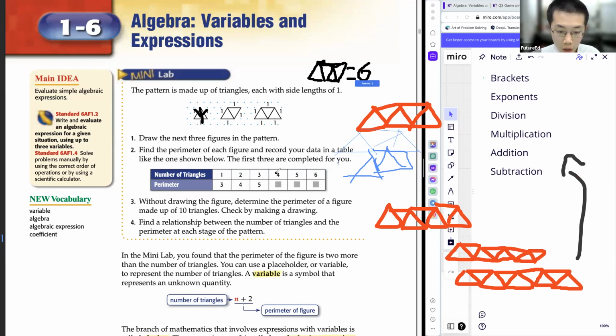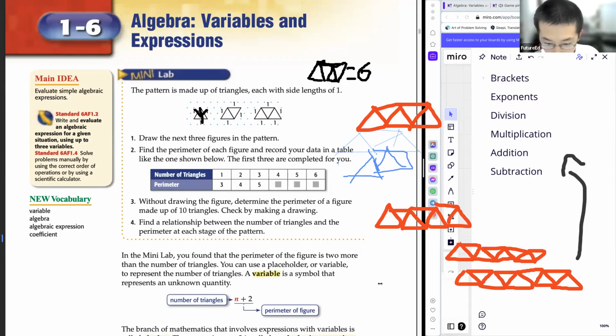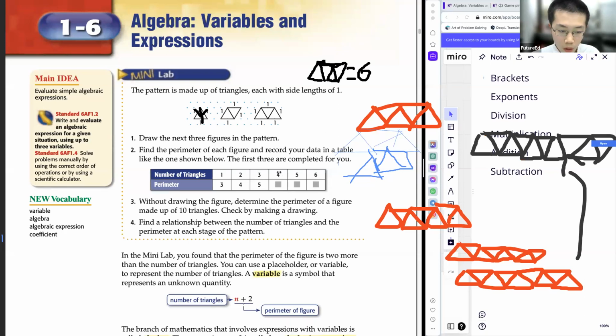I'm going to have to use the annotate. So over here, for the empty box under number 4 for perimeter, can you fill in 6 for that, please, Jason? In the mini lab.